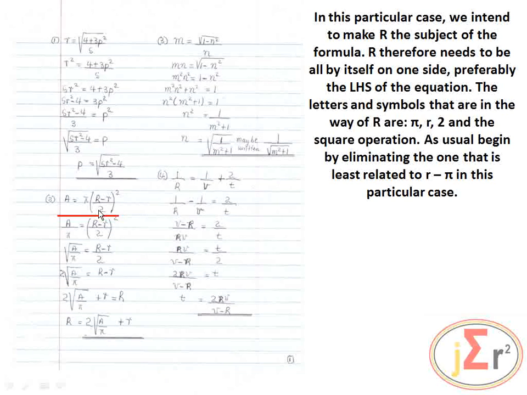We need also to eliminate 2, pi, and the square operation. As usual, begin by eliminating the one that is least related to R. And the one that is least related to R in this particular case is pi.